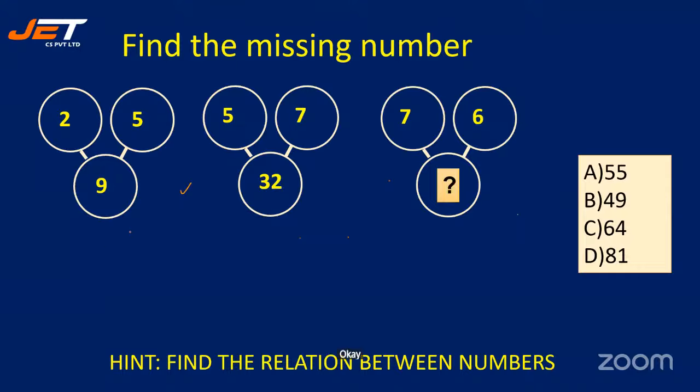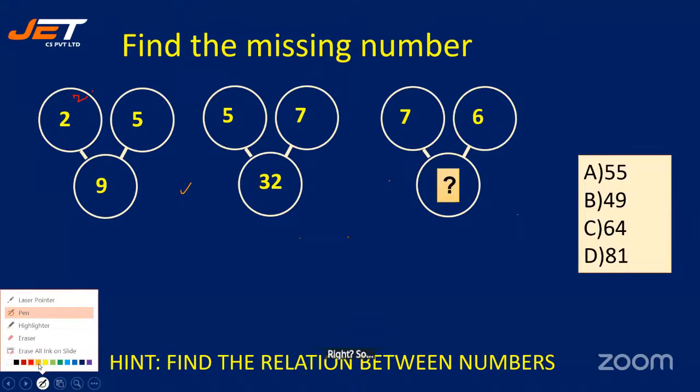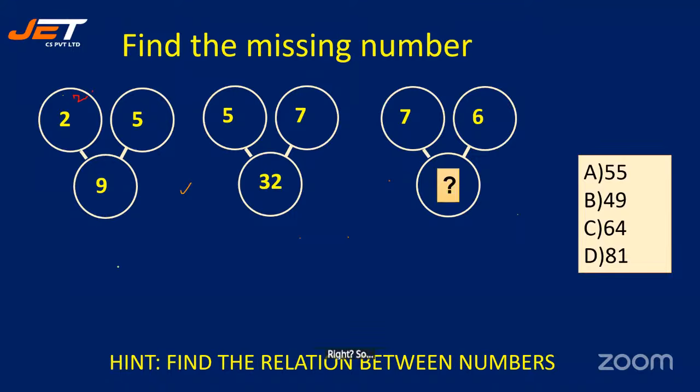All right. So I can give you a clue. You can just do this square, right? Just do square, that is 2 square will give us 4. So 4 plus what? If you add, you're getting 9, plus 5. Isn't it? So 4 plus 5 is 9.